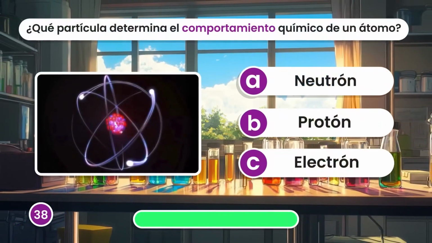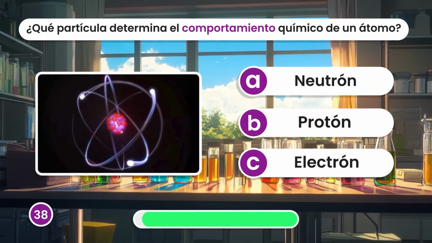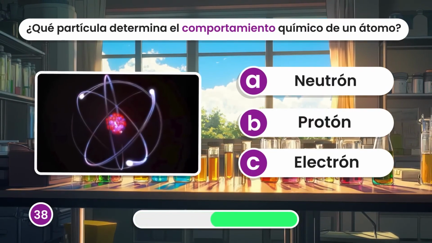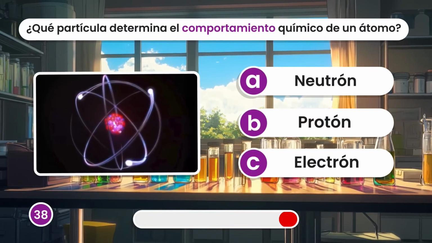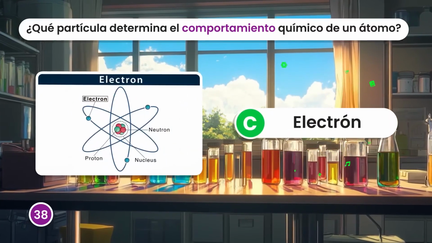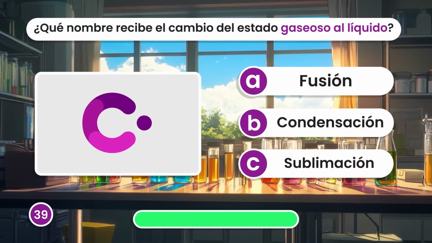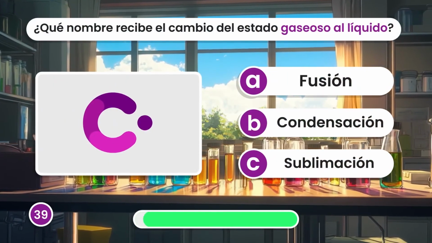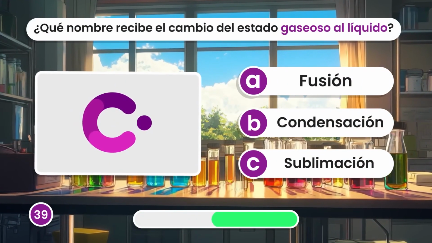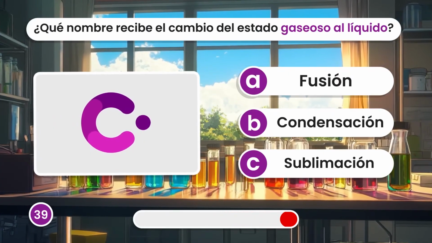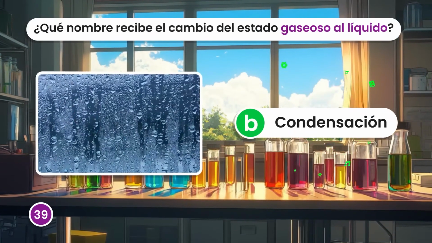Which particle determines the chemical behavior of an atom? The electron? What is the term for the change from gas to liquid? Condensation?